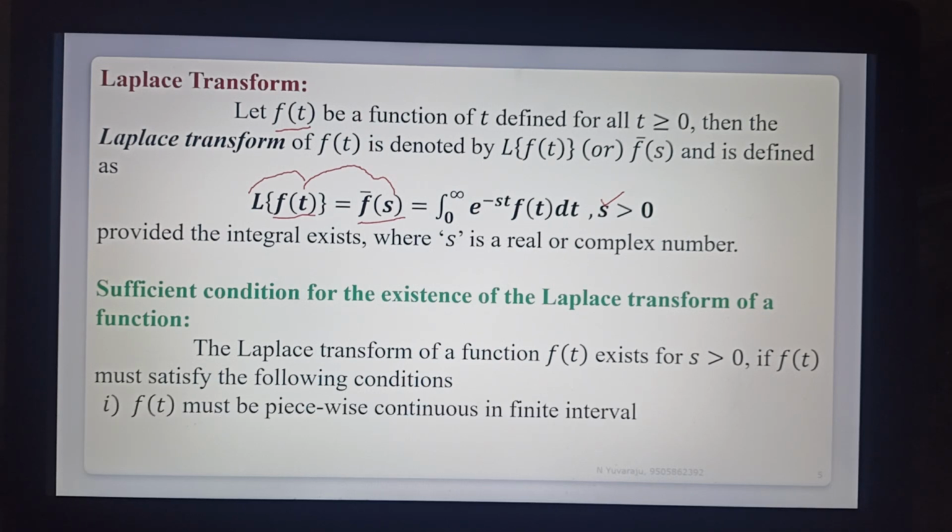First, f of t must be piecewise continuous in every finite interval. Second, f of t is a function of exponential order. When the given function satisfies these two properties, the Laplace transformation exists for the given function f of t.